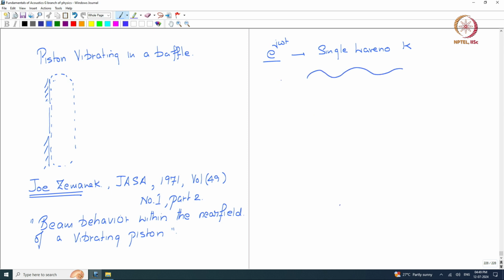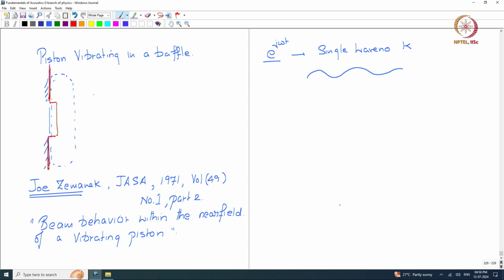The thing is that when we put a piston in a baffle, the baffle has 0 velocity from infinity till the edge of the piston, and then beyond the piston again 0 velocity. It is a very harsh condition imposed, till here 0 displacement and then suddenly displacement, and it is a step jump.